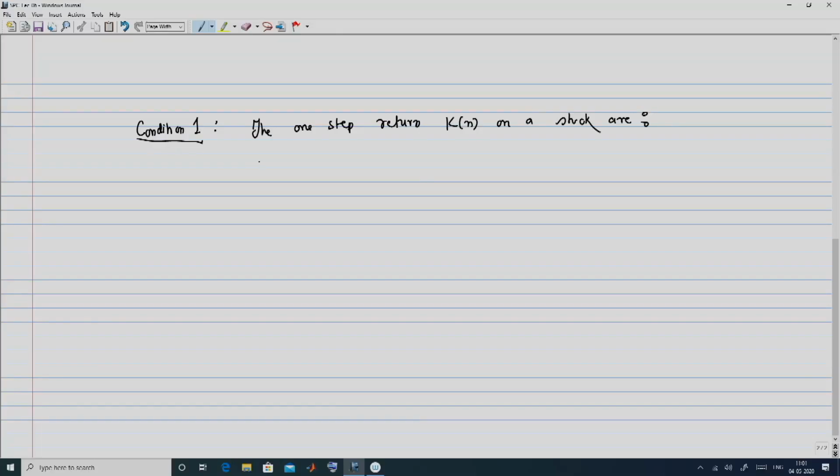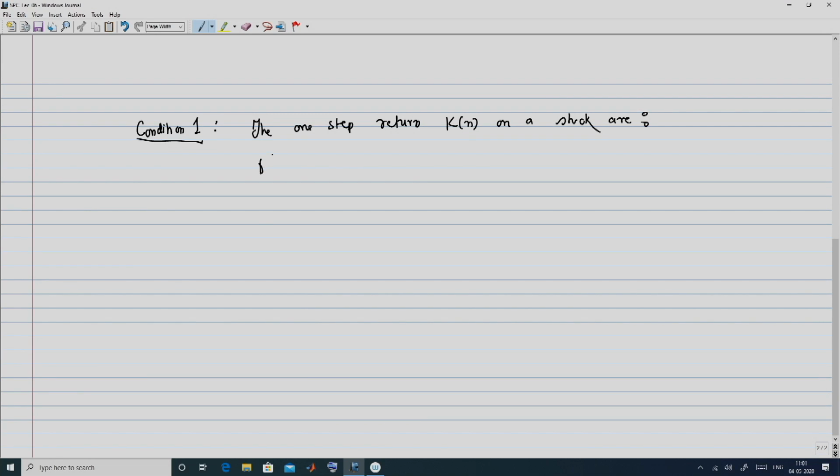So, K_n here basically is the difference between two consecutive stock prices at two different times, divided by the price at the previous time. So, suppose we take some time points n and n plus 1, then the return in this particular time interval will be given by the stock price at time n plus 1 minus the stock price at time n, divided by the stock price at time n. Then this return is going to be a random variable.